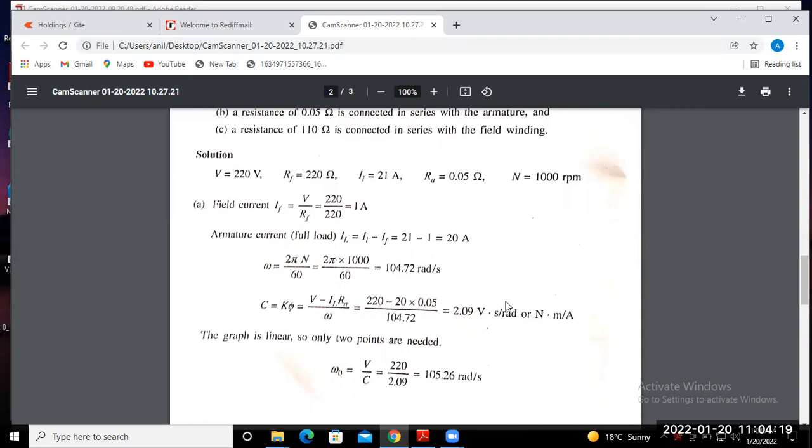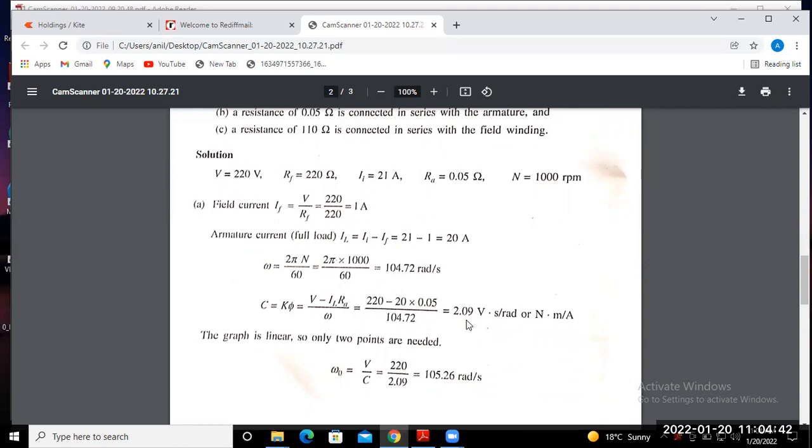If you simplify this equation, you will get the constant value equal to 2.09 volt second per radian, or Newton meter per ampere. The graph is linear, so only 2 points are needed.